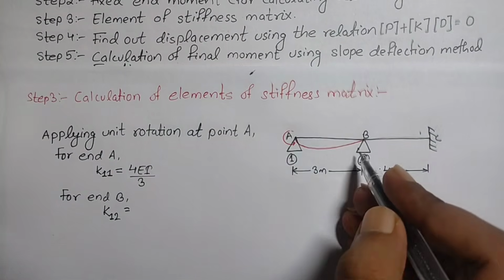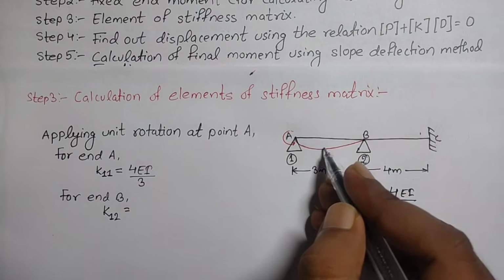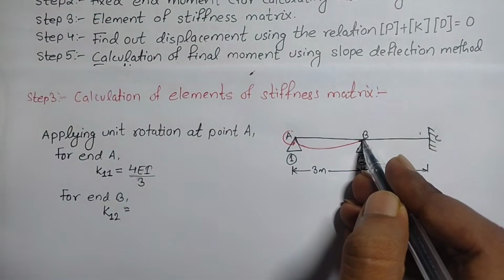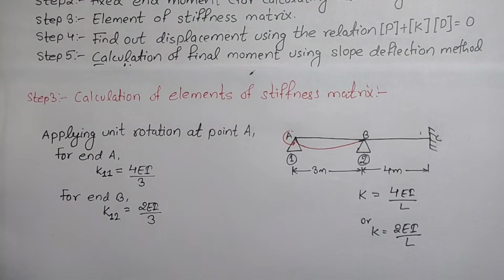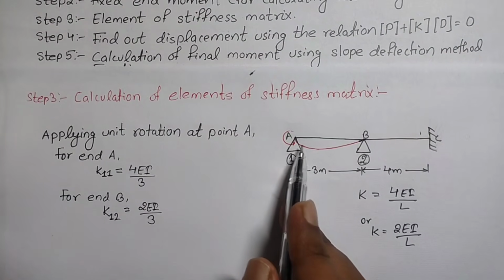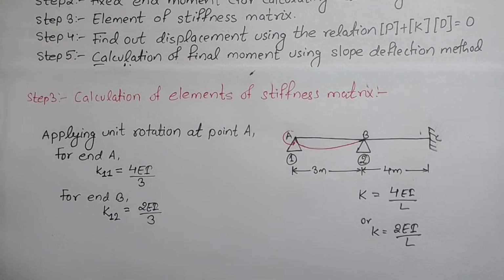Now see, the deflection value is going to be least here, so 2 EI upon 3. This is just for understanding: the heavy portion means 4 EI by L, and the least portion means 2 EI by L.